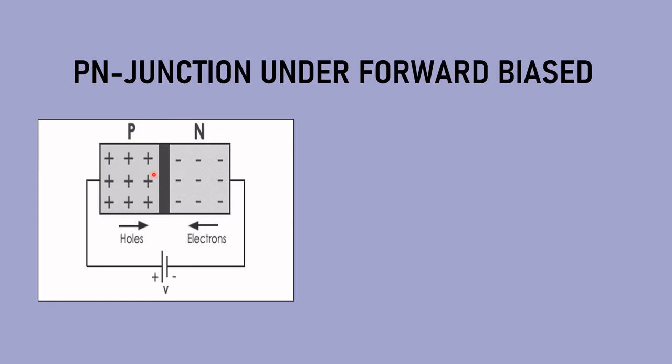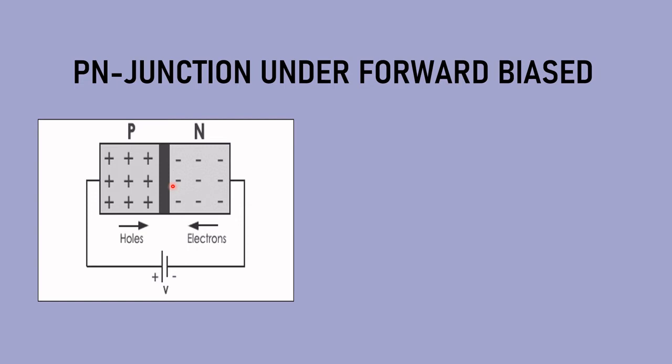So the minority carrier electrons from the p side to the n side and holes from the n side to the p side have not changed in magnitude.